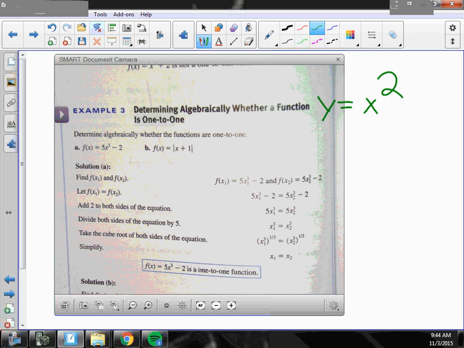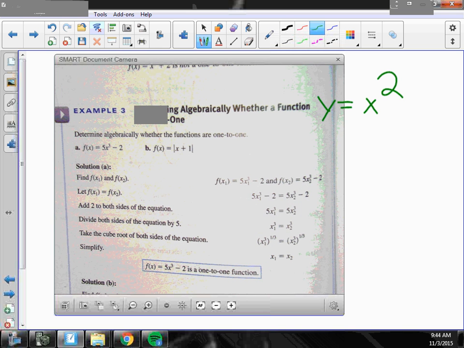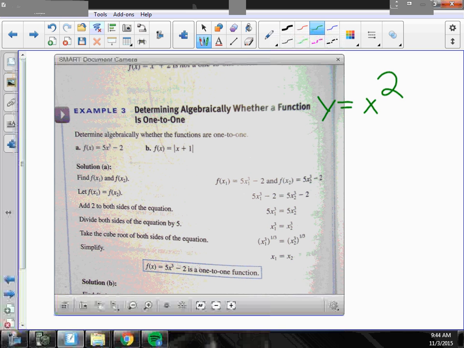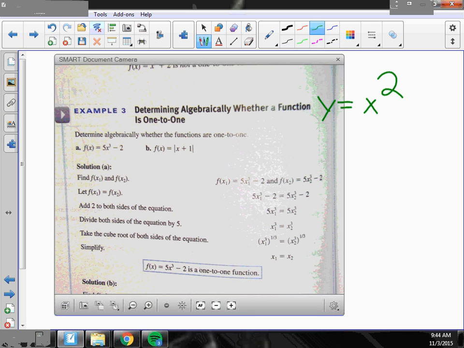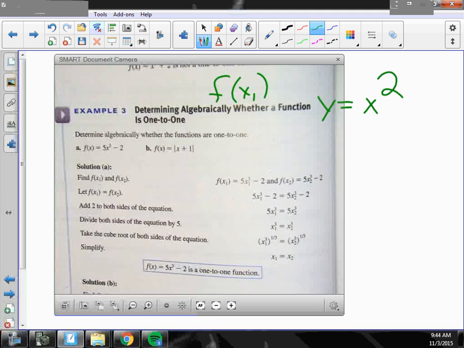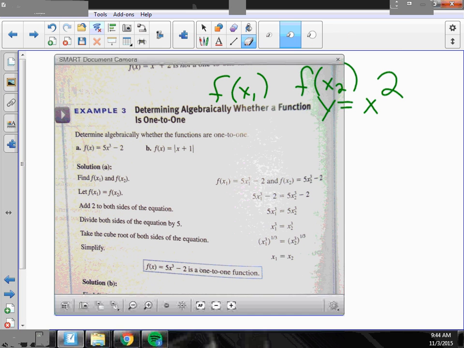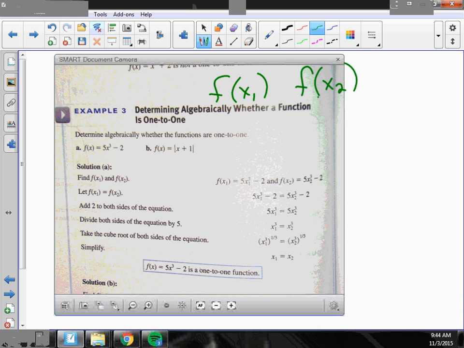It says find f of x sub 1 and f of x sub 2, and then let f of x sub 1 equal f of x sub 2. So you're going to plug in an unknown x, and then you're going to plug in another unknown x. And then you're setting those two equal to each other.